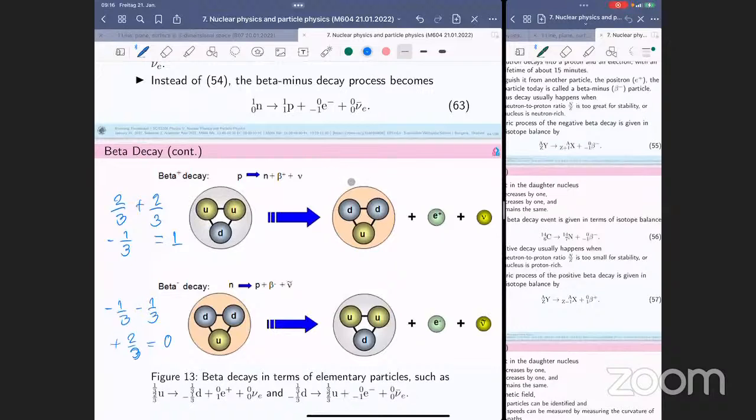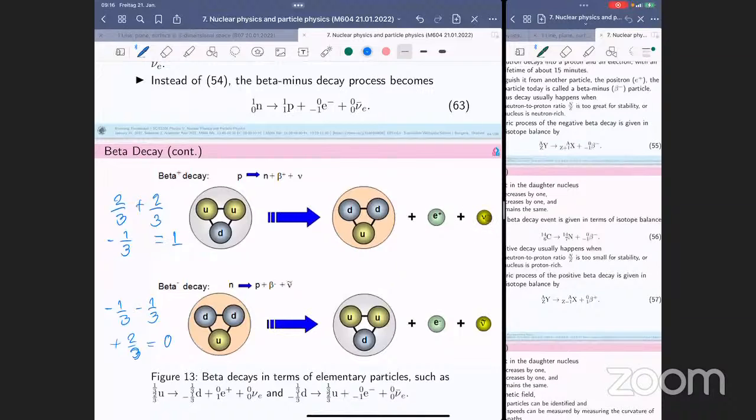Yeah, in beta plus decay, the proton turns into a neutron, and a positron is emitted. Okay, the positron, this is e plus. It is the antiparticle of the electron, but it has positive charge.